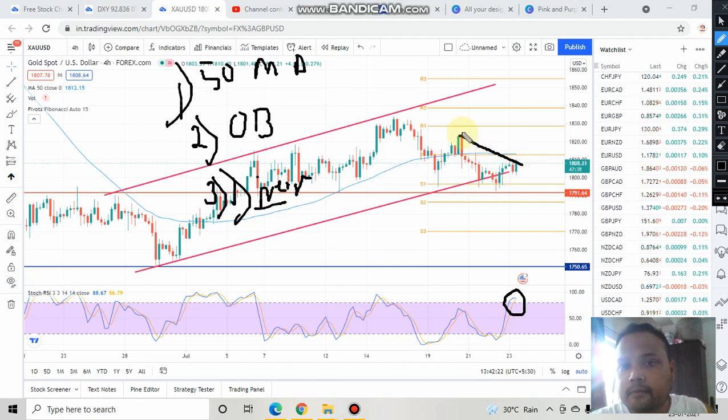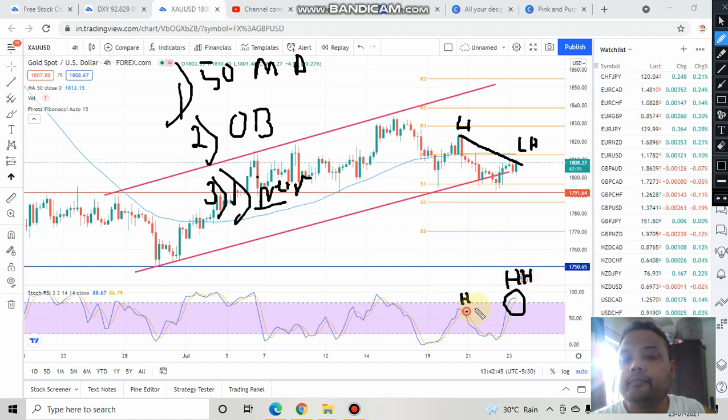You can see that the market formed a high here, and when the market tried to go up again, it formed a lower high here, which means the market failed to cross the previous high. But if you look at the stochastic RSI here, it found a high, and this time the stochastic RSI has formed a higher high.